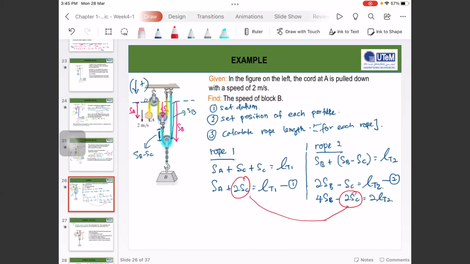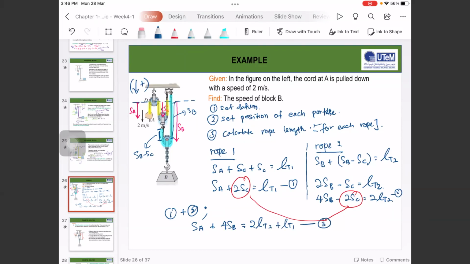SC ni plus lah maknanya. Ni plus. Ini matematik je. So 1 plus 2. Okay, you dapat SA plus 4SB is equals to 2L2 plus L.